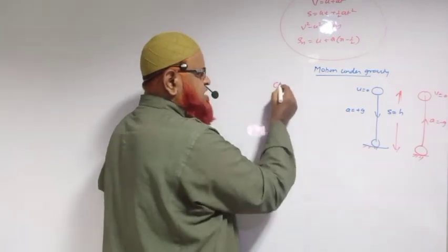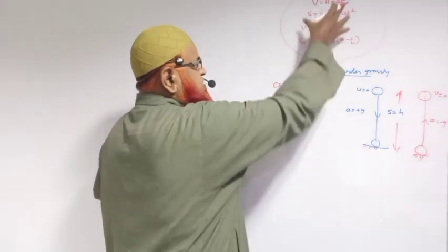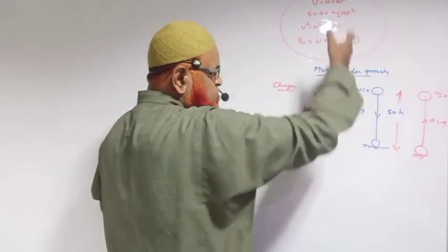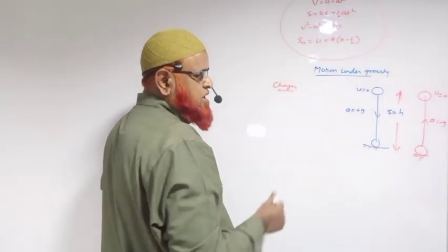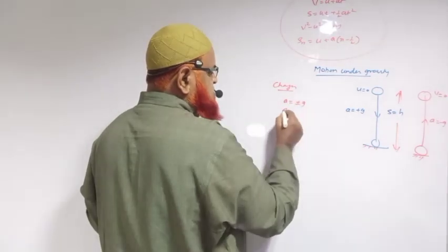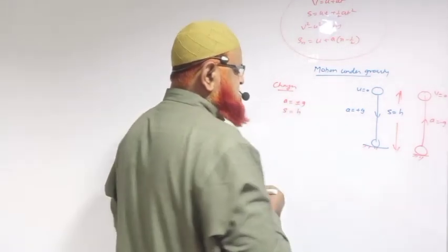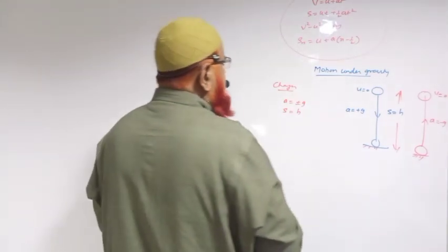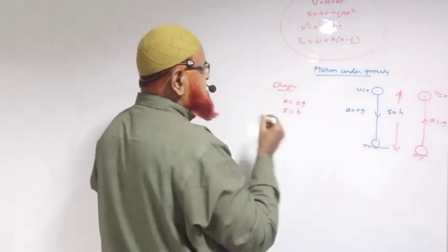So what are the changes between horizontal motion and motion under gravity, vertical motion? The changes are only two. A is written as plus or minus g. S is written as h. Okay. So then I can write the above equations like this.